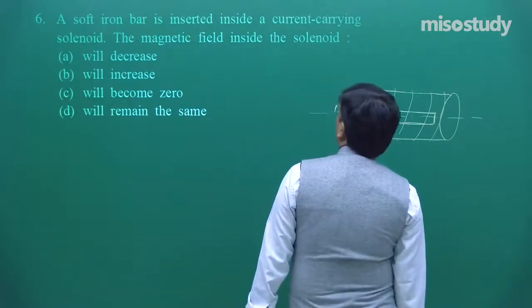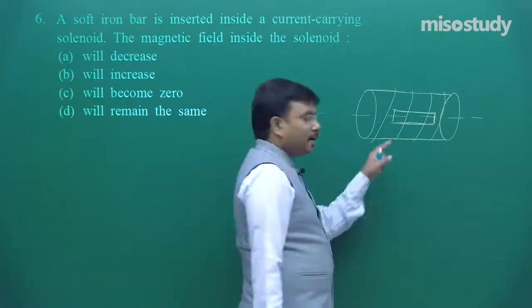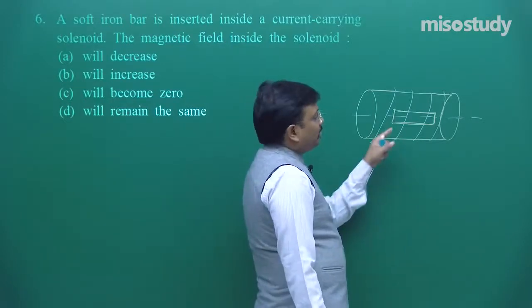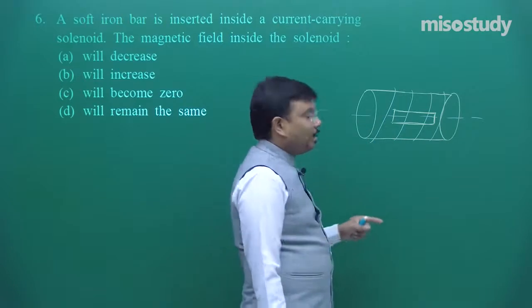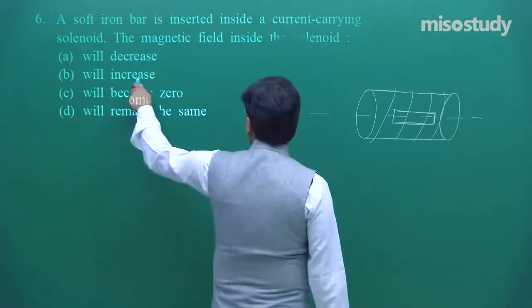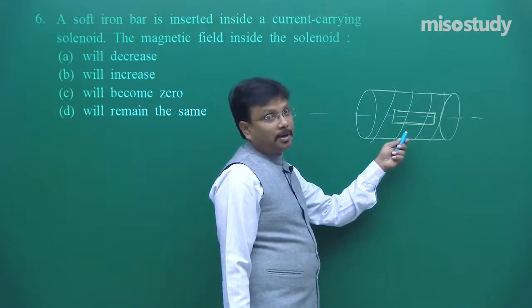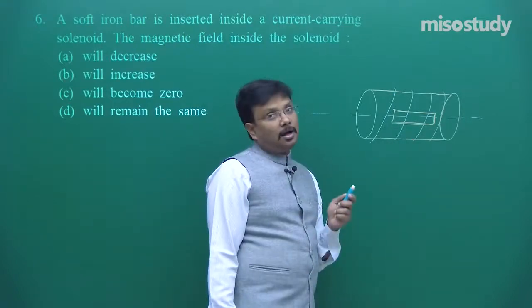So, magnetic field lines inside the solenoid will increase. Earlier it was not like that, but when you place this bar magnet inside the solenoid, it is going to increase. Fine. So, this is the visualization aspect and you can easily find out the answer.